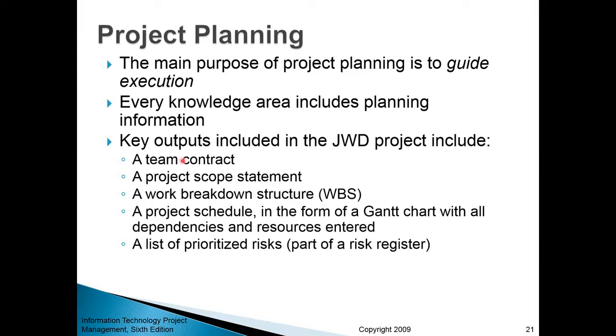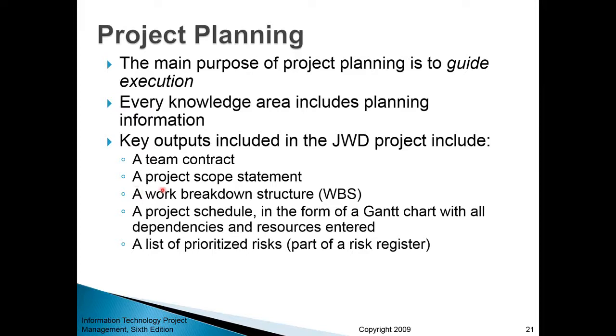Now, some of the key outputs included under the umbrella of a project plan include a team contract, where you as a team agree how you will proceed with teamwork, how you will interact, how you will communicate, and how you will discipline team members that are not productive.